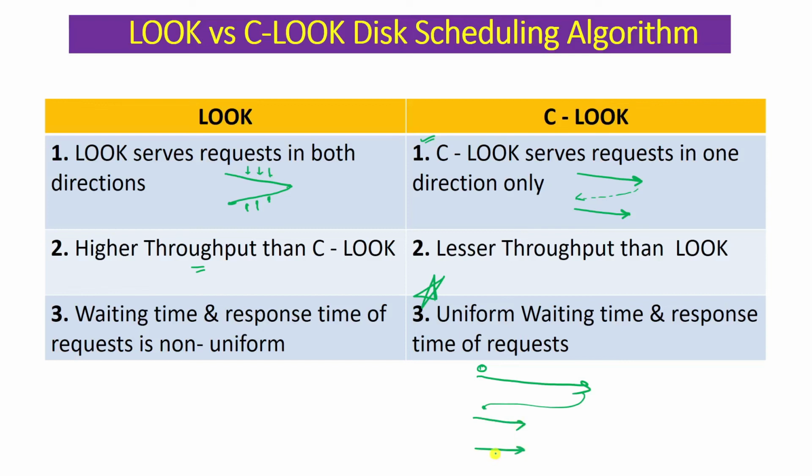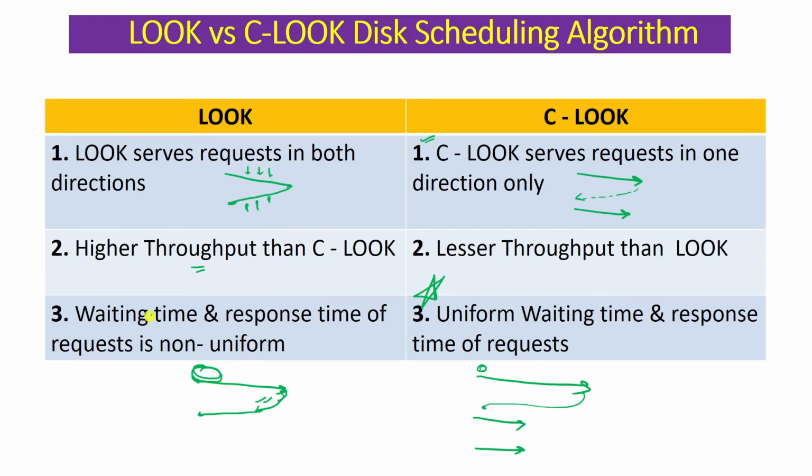But in LOOK we are saying, we start from here, let's say in this direction, and then let's say some request comes here. Then also we say, we will come to you, but we will first complete these requests, then we will come to you. So these requests will wait for a longer period of time, although they came very early.